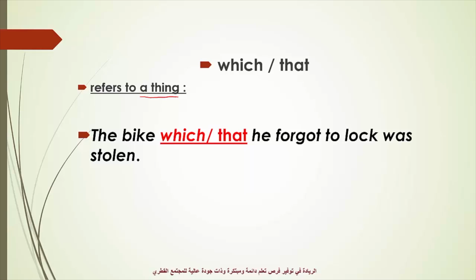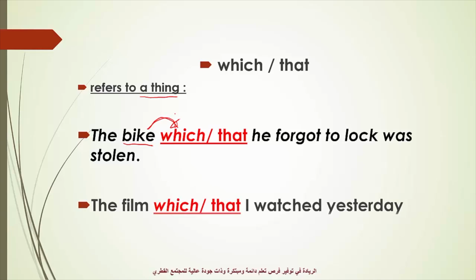In this example, bike obviously is a thing, so we use which. In the second example, the film which or that I watched yesterday was boring. Also in this example, the film is a thing, so we use which.